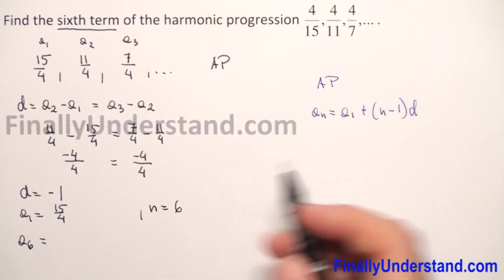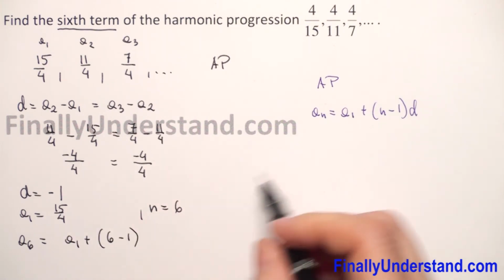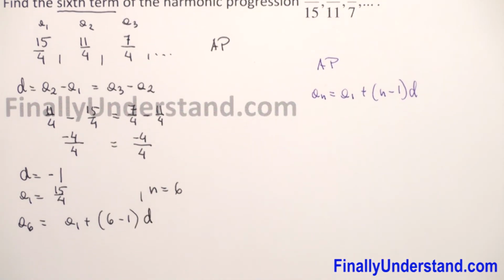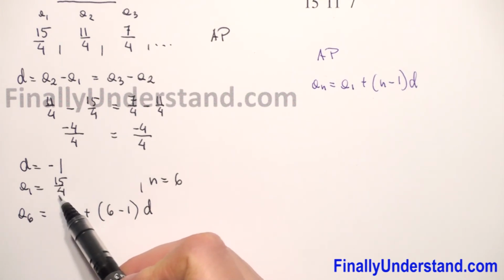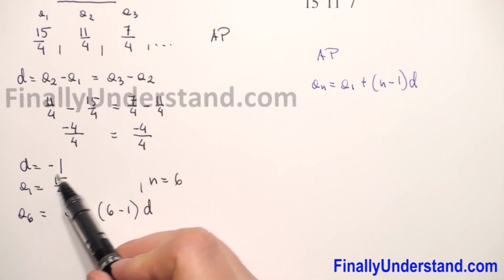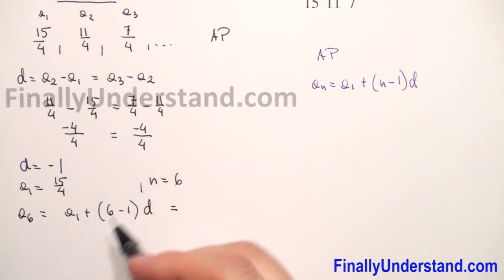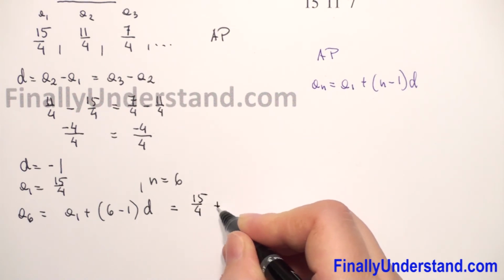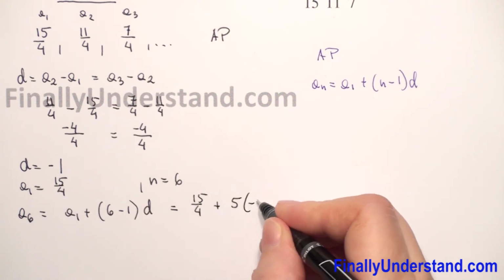So we have a1 plus 6 minus 1, we substitute n by 6, times d. a1 is given, d is given, we calculate. So what will a6 be equal to? a1 we substitute by 15 over 4, plus 6 minus 1 is 5, times d, which is negative 1.